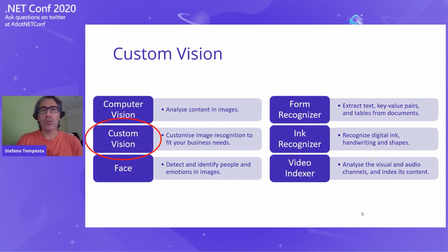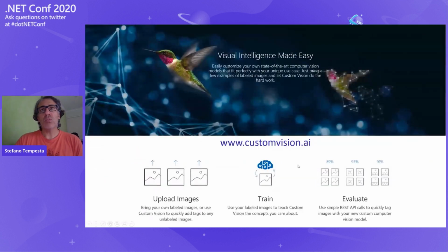So custom vision leverages the same engine from a machine learning perspective as computer vision, but you have to provide your own images. So if you want to use custom vision, what you have to do is go to this fantastic website, customvision.ai. Upload your own images, train, and evaluate.